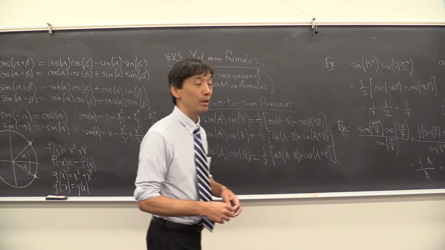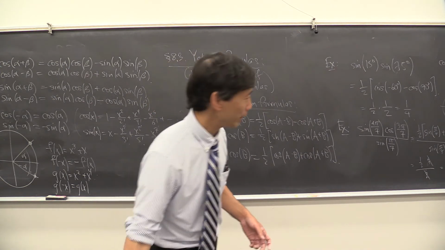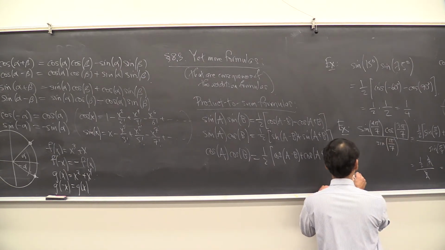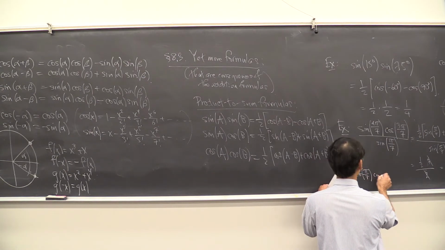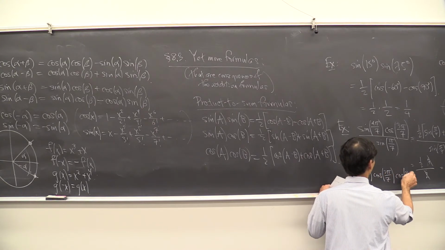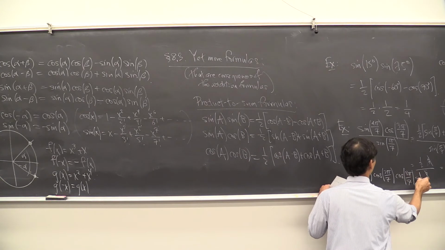I should mention that this is part of a famous identity: cosine pi over 7 times cosine 2 pi over 7 times cosine of 3 pi over 7 equals 1 over 8.